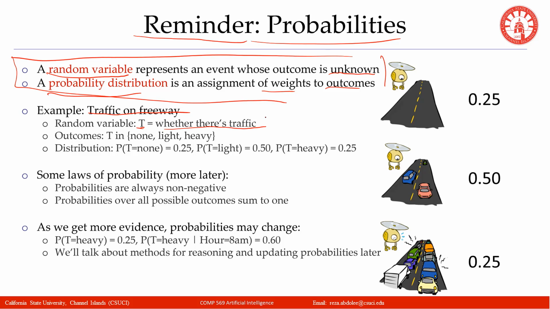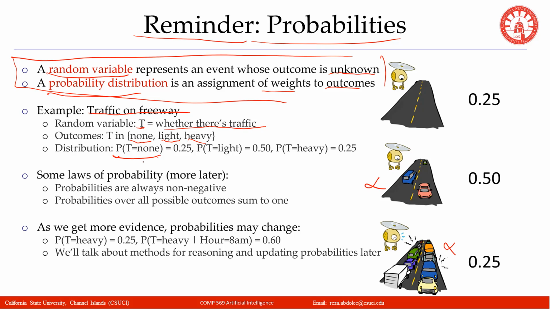And the outcome of that random variable could be three things. None means no traffic. Light means that the traffic is light, like this situation. And then we have heavy traffic like this. Then we define a distribution function P that gives us some value for all those events.